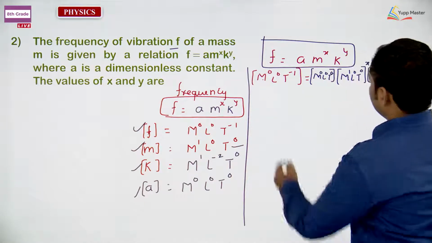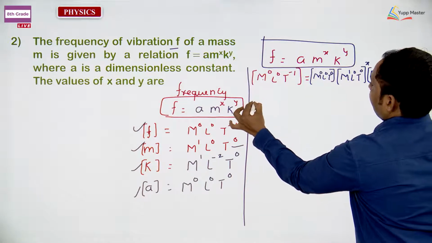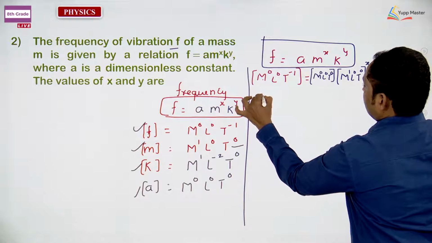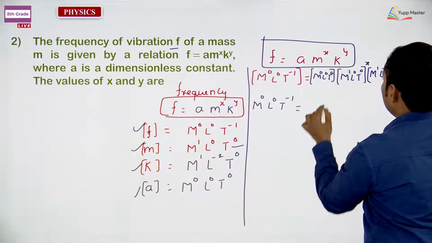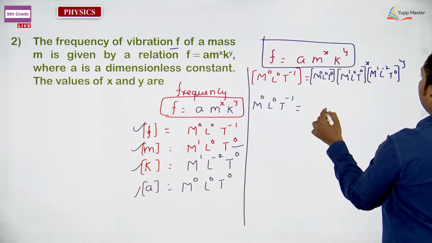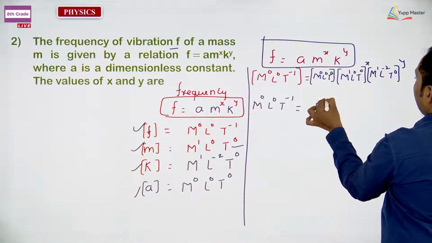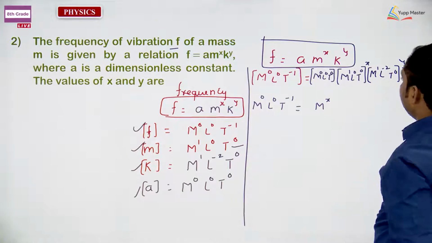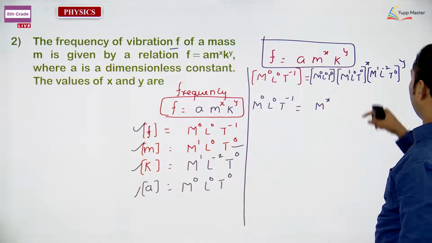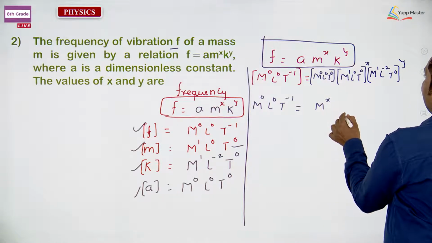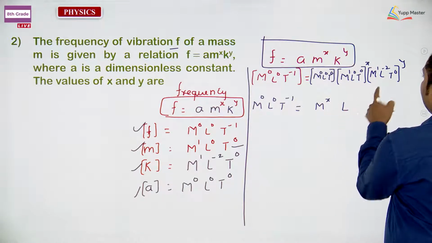Now it is very clear, m power 0, l power 0, t power minus 1 is equal to, here we will take m power x, l power 0.